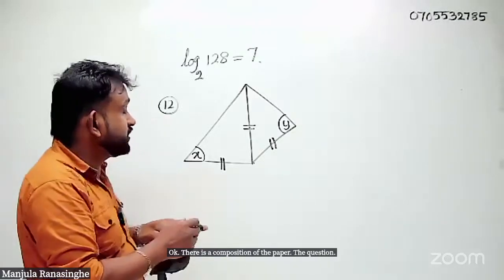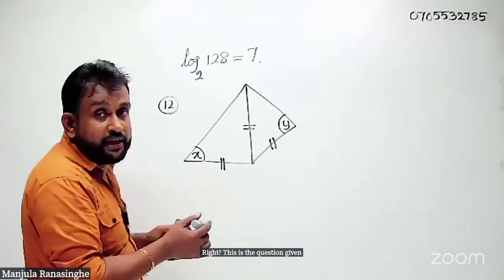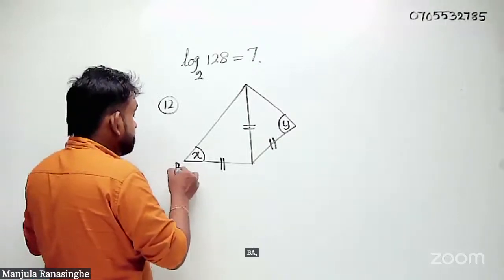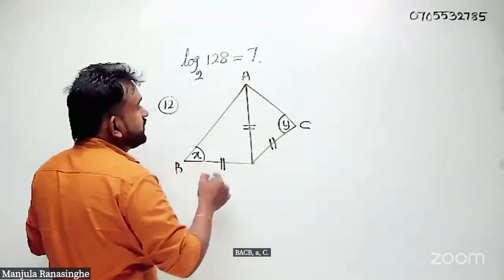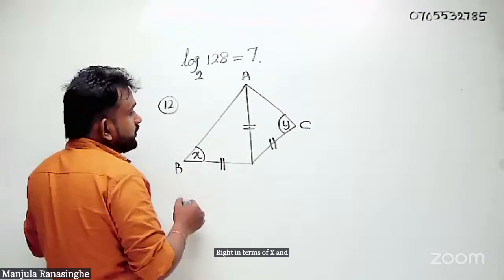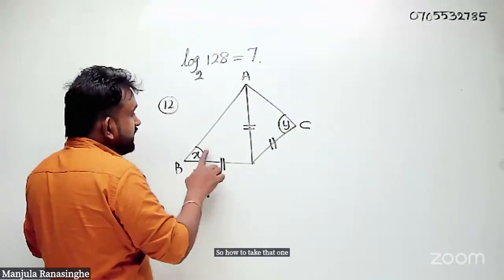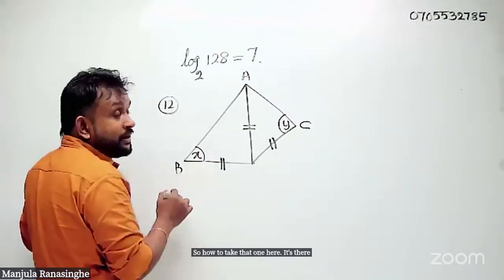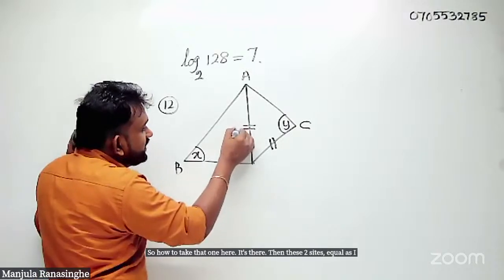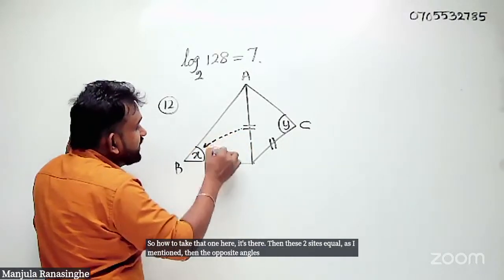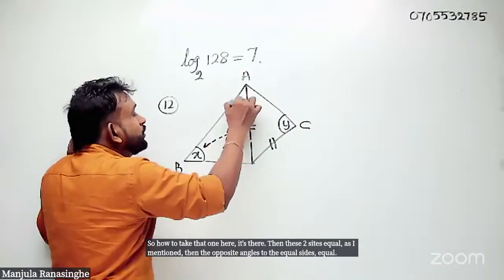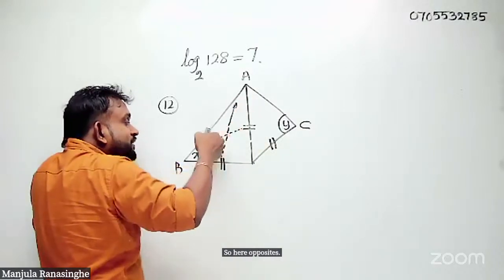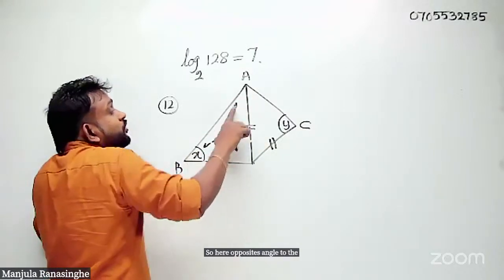This is the question given, but they're asking BAC in terms of x and y. So how to take that one? Here x they are, then these two sides are equal, as I mentioned, and the opposite angles to the equal sides are equal. So here the opposite angle to the equal side is x, and here also x.